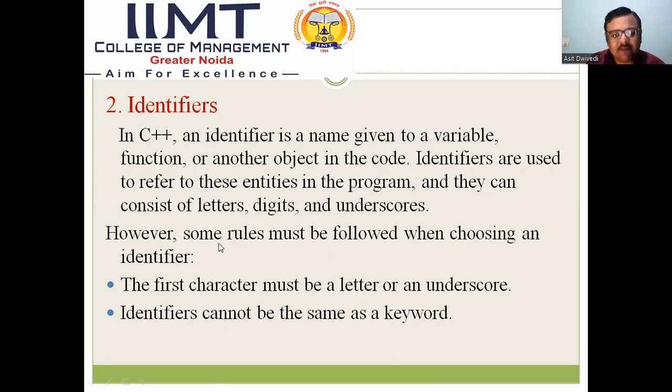However, some rules must be followed when choosing an identifier. Now, the rules are: the first character must be a letter or an underscore. Identifiers cannot be the same as a keyword.